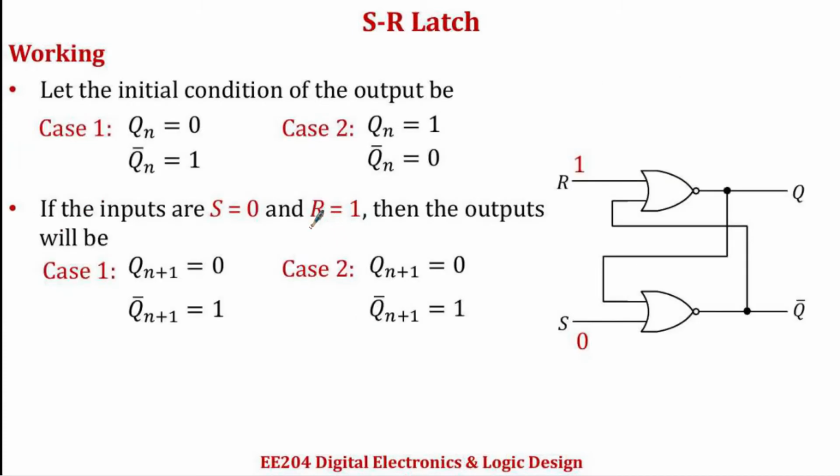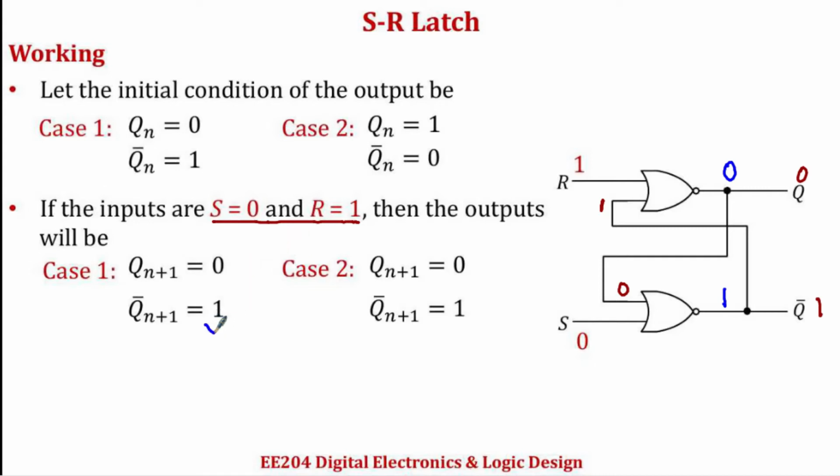Let's see the next input condition when S is equal to 0 and R is equal to 1, and let the present states be 0 and 1. Now 1 gets fed back to this position and 0 gets fed back to this position. Now the output of this NOR gate will be 1 and 1 becomes 0, and in this case becomes 1, right?